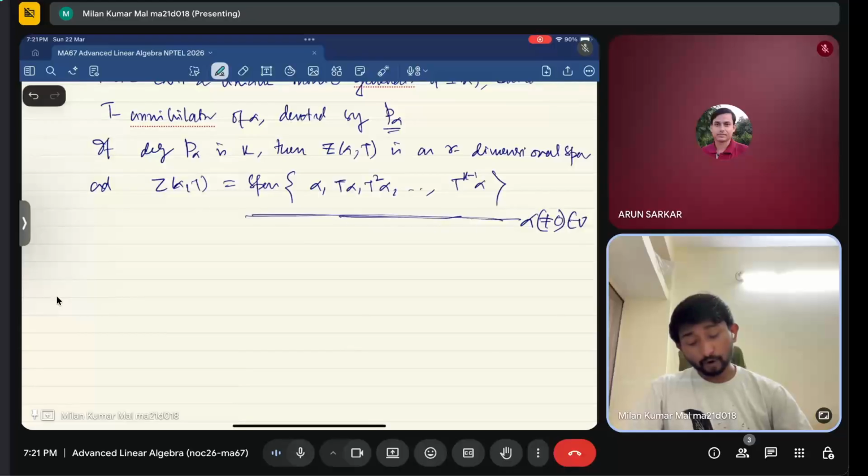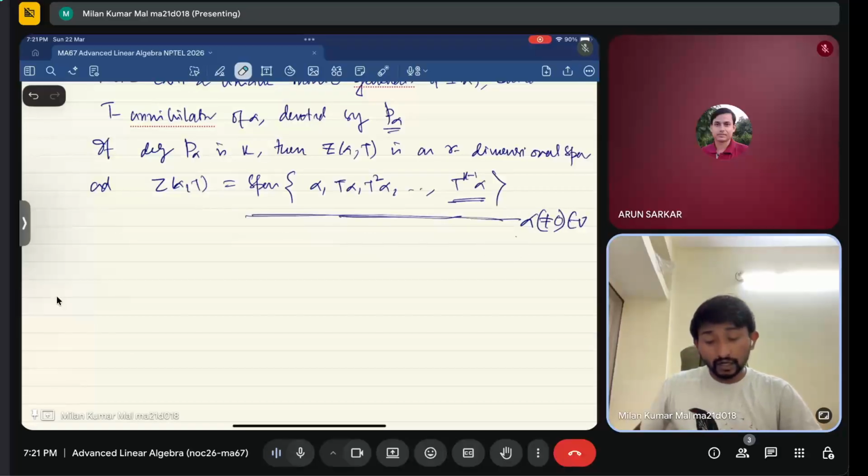In fact, if we take T to the power K alpha, here we have up to T to the power K minus 1, then T to the power K alpha will be a linear combination of these: C1 alpha plus C2 T alpha plus C3 T square alpha, and so on. So we can write T to the power K alpha as a linear combination of these. So if you look carefully, here we have obtained T restricted to W1.